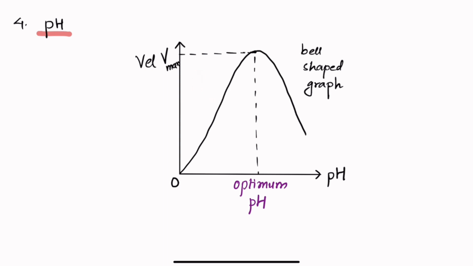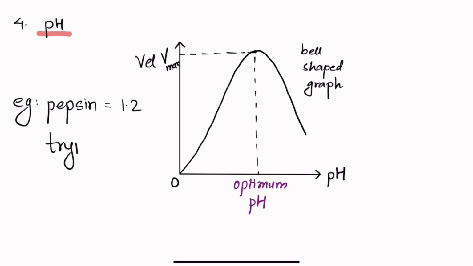For example, the optimum pH for the enzyme pepsin is 1.2. At pH 1.2, the activity of pepsin is highest. At a pH lower than 1.2 or higher than 1.2, the activity of the pepsin enzyme decreases.